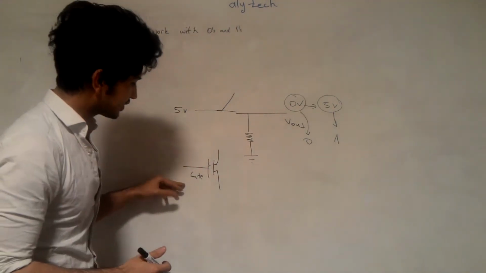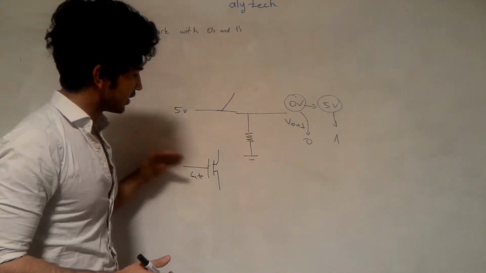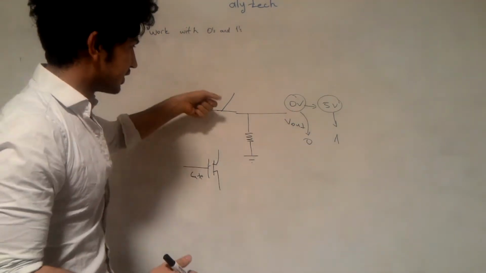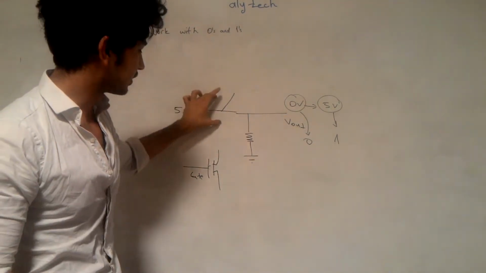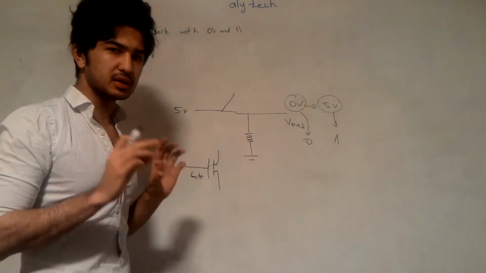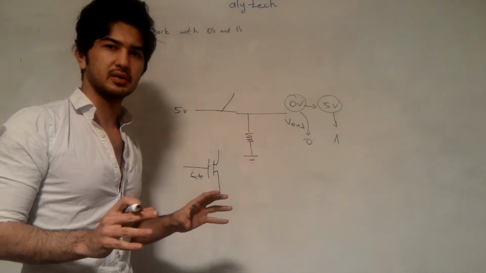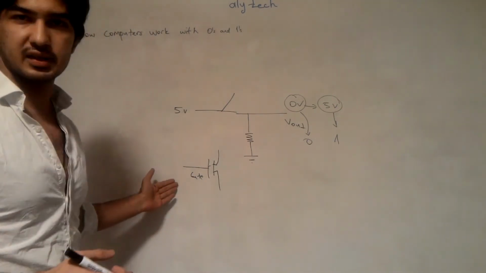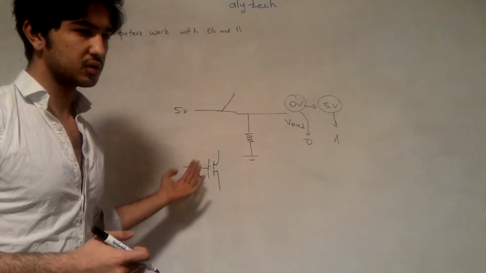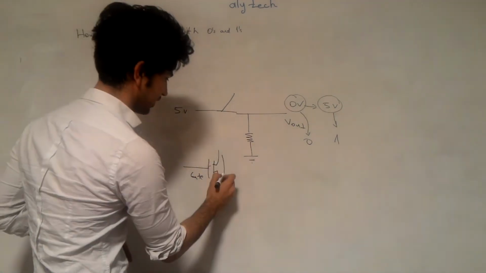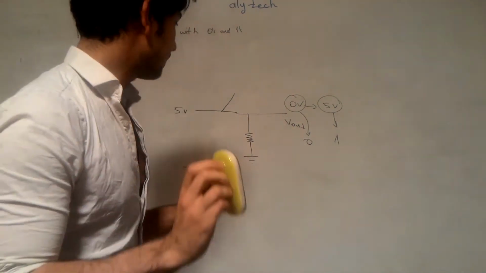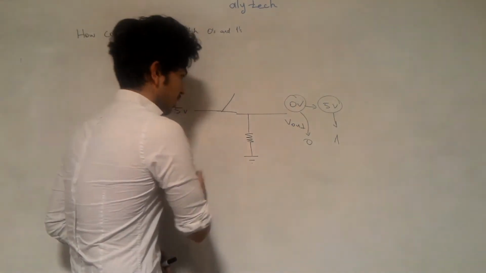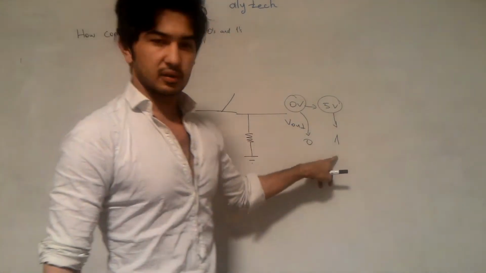You have a gate. This gate acts like opening and closing this circuit with a hand. It does the same thing, but it works electronically. When you send a signal to this gate, it opens or closes this path here. So everything is based on zeros and ones.